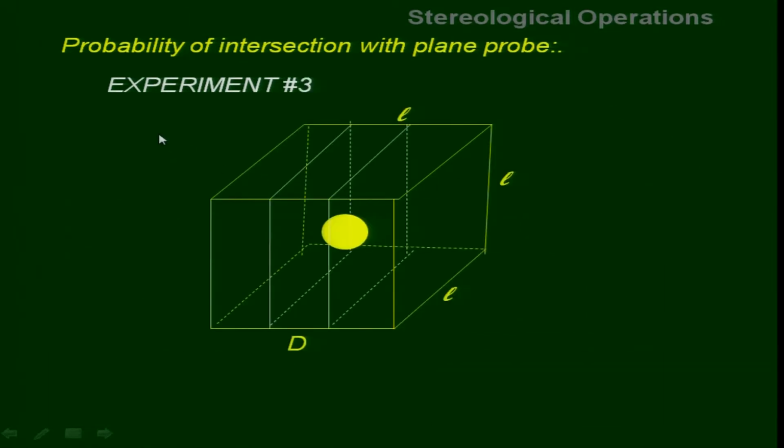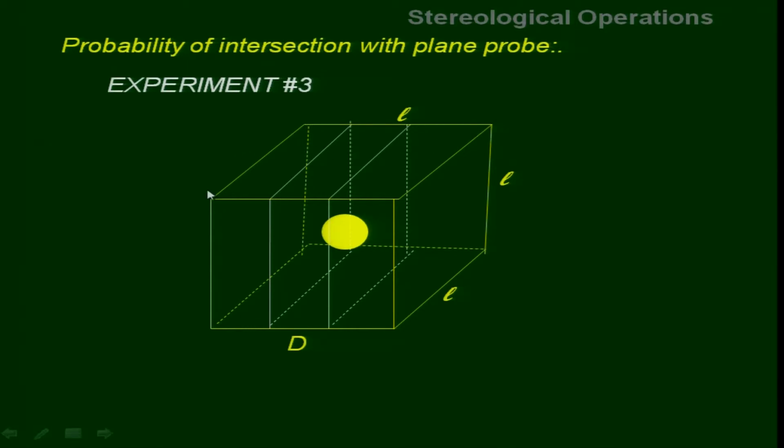A third experiment in geometrical probability could be that now I have a sphere inside again a cubic box, and I ask the question, what is the probability that if I place a random section, I cut this randomly in such a way that the cut is made parallel to this particular face, but that cut can be anywhere along this.